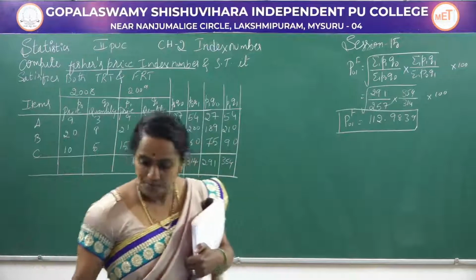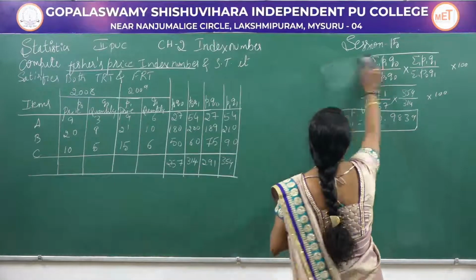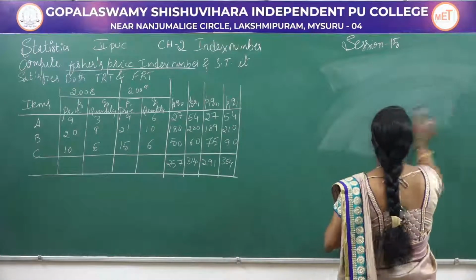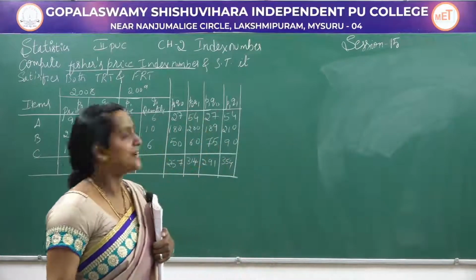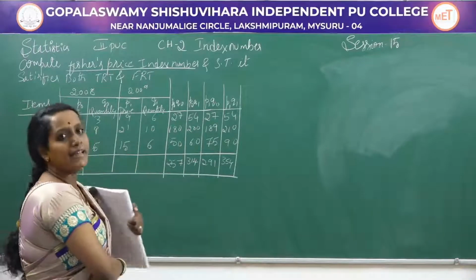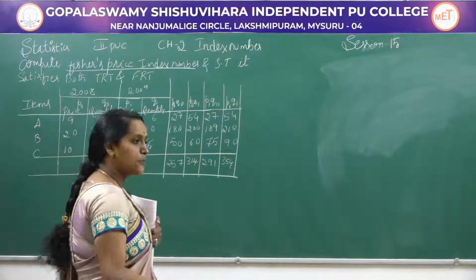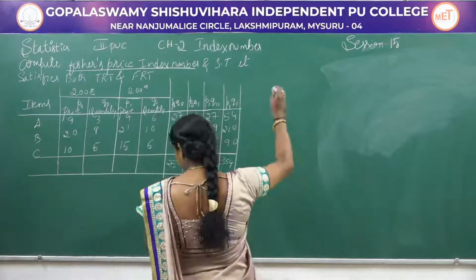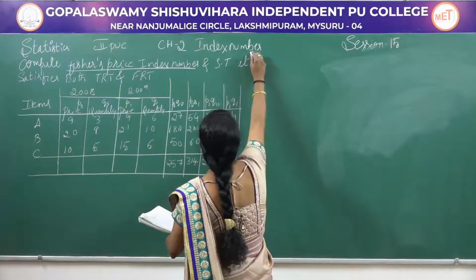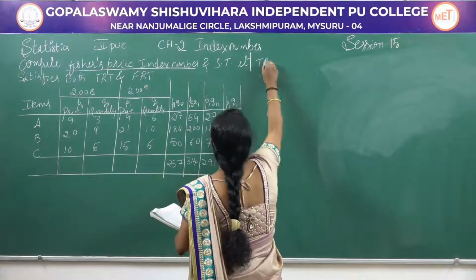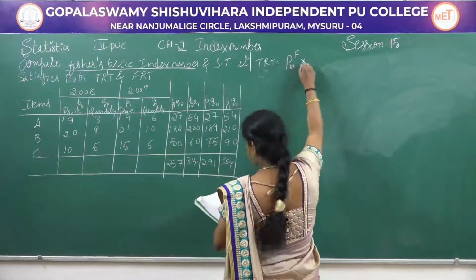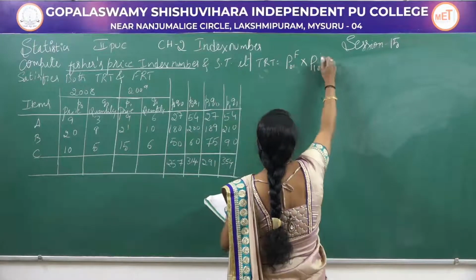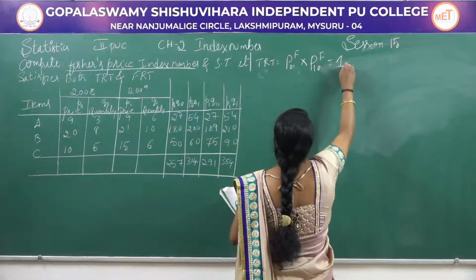First we will write the condition for TRT, then I'll show how to prove it satisfies TRT. The TRT condition is P01 of Fisher's into P10 of Fisher's is equal to 1.